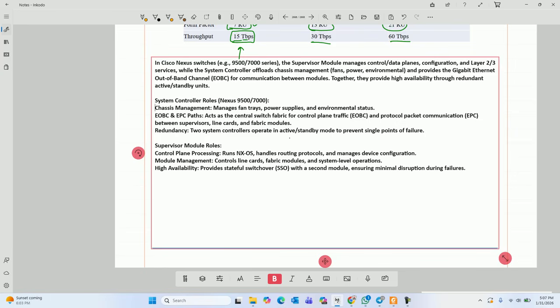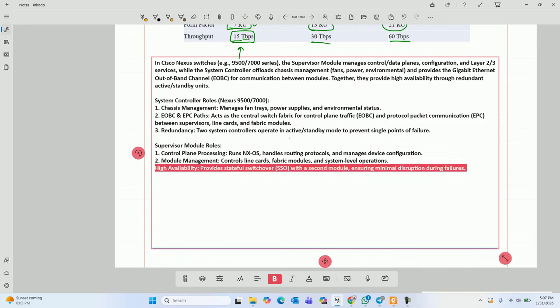This is number one use case. This is number two use case. This is number three use case. Then the supervisor module: number one use case, number two use case, number three use case.